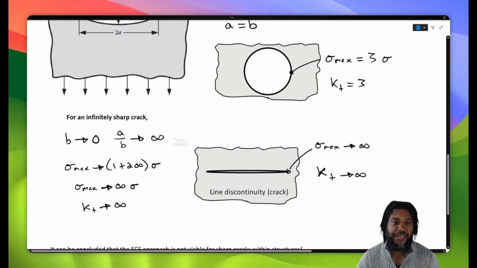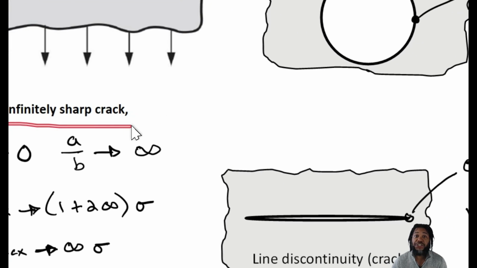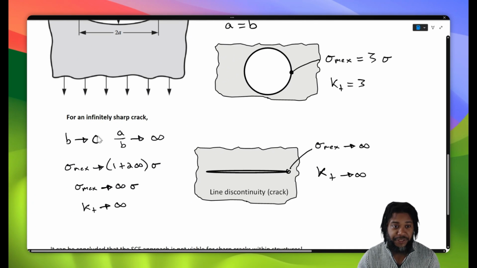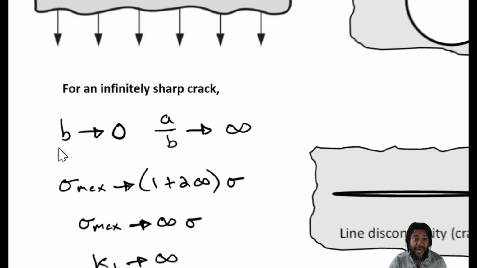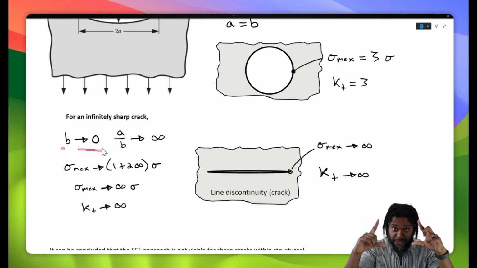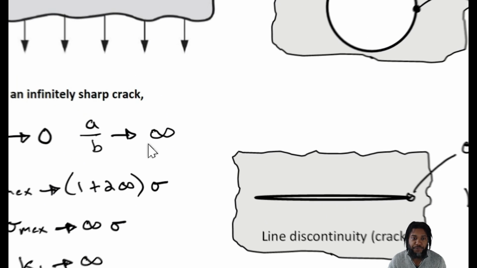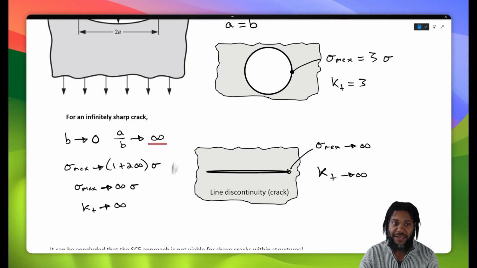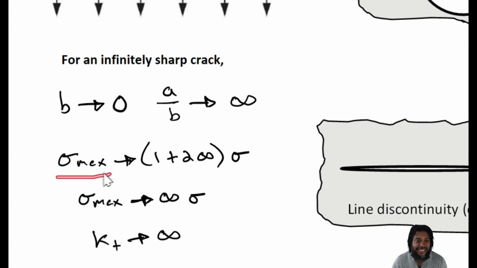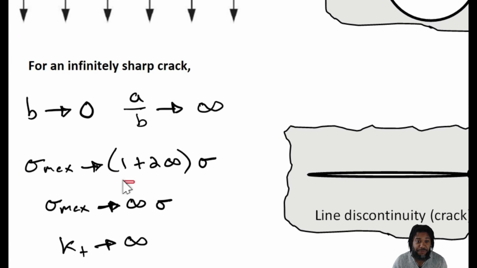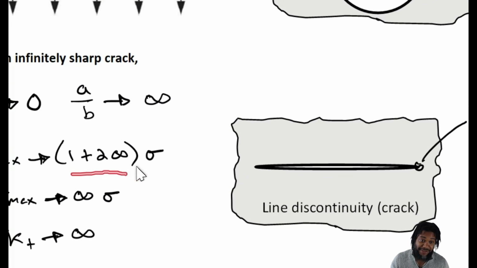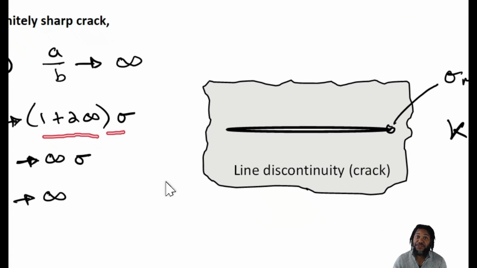But now let's consider another case: the case of an infinitely sharp crack. This is the case where the height of our ellipse approaches 0, such that the ratio of a over b approaches infinity. In that case, the maximum stress is 1 plus 2 times infinity times our remote stress.